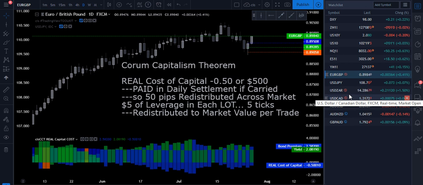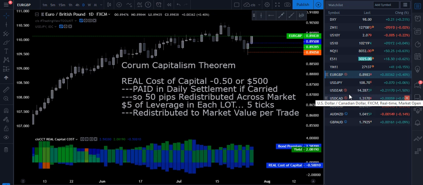When looking at the foreign exchange market, for example, the euro-British pound, in a situation where you would be giving up the U.S. dollar, Corum's Capitalism Theorem translates the real cost of capital, in this case, to minus 0.5 or $500. This is paid in the daily settlement if a trade is carried.